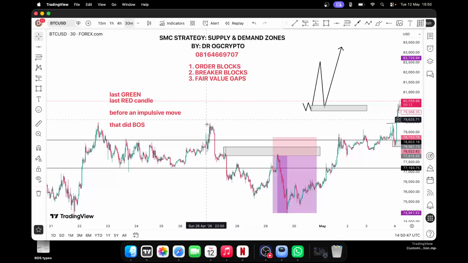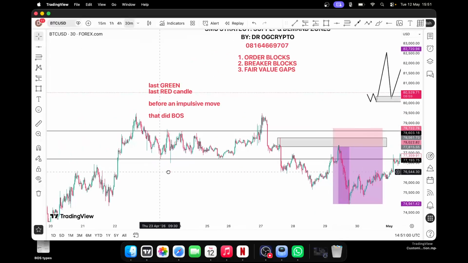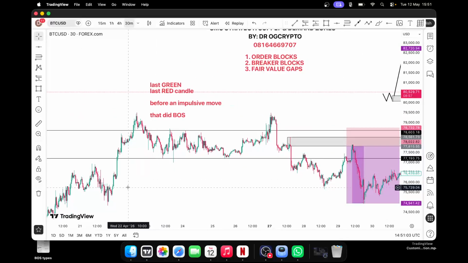Therefore, the last small red candle before the impulsive green candles that did break of structure is referred to as what? An order block. For instance, look here. You can see that this is the last red candle before the impulsive green candles that did break of structure.